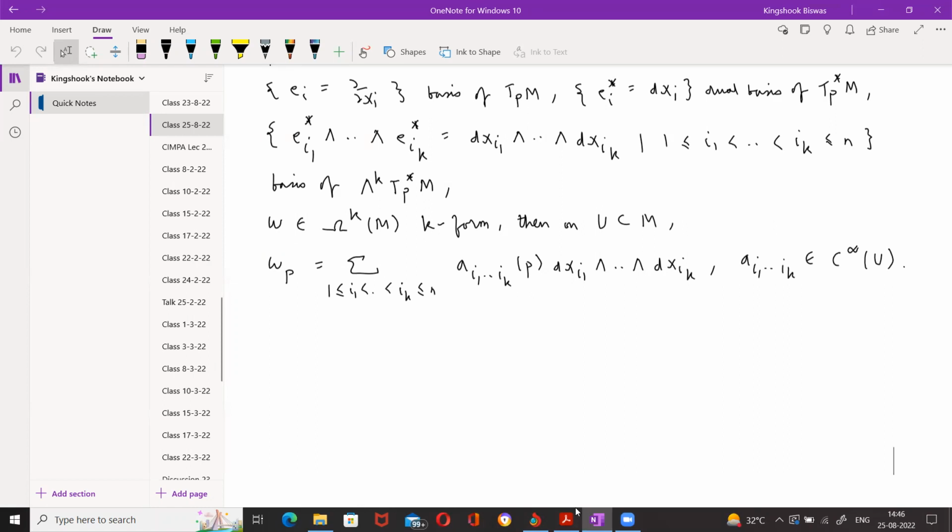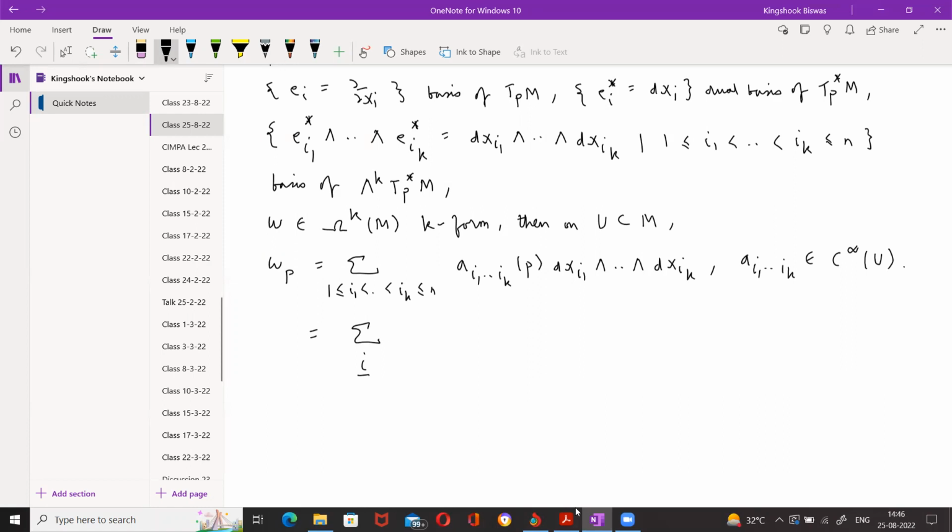So I'll just use a compact notation for this, just to make it simpler. I'll write this as a sum over Ī, where Ī is a multi-index in increasing order.